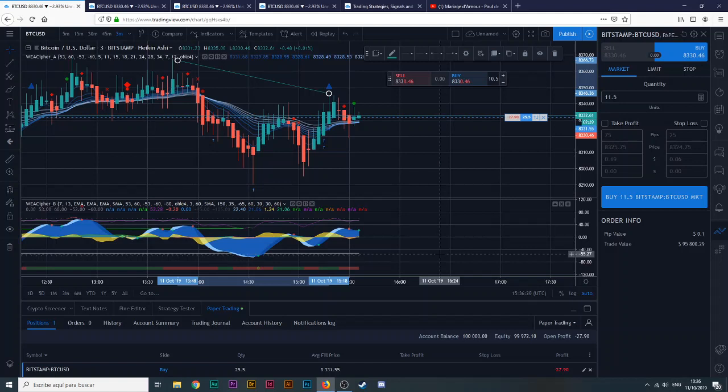So our buy signal, we're hovering at 25 Bitcoin and negative $27 right now. So it's fluctuating. The price, my profit and loss, there's no leverage on this trade because I'm paper trading.